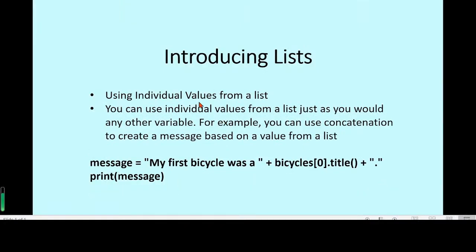You can use individual values from a list just as you would any other variable. For example, you can use concatenation to create a message based on a value from a list. So for example, we can get the first bicycle using its title form, then this item concatenated with this string and this string.